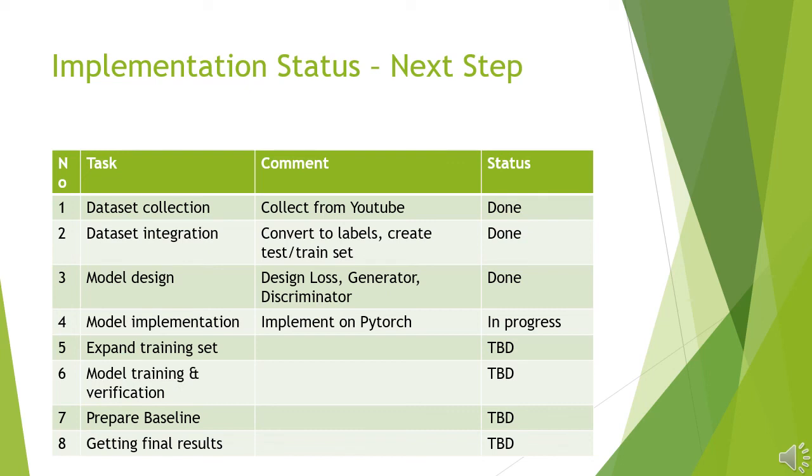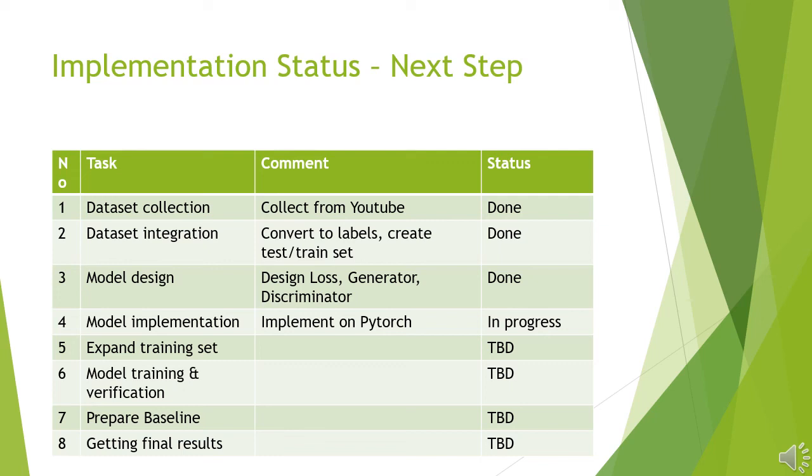Here is the current implementation status of our project, Stereo GAN. We have already finished collecting a certain number of videos from YouTube, and we have already written code to integrate the dataset, meaning we wrote code to create labels and to create the train and test sets, and the data is ready to be loaded onto the GPU for model training.